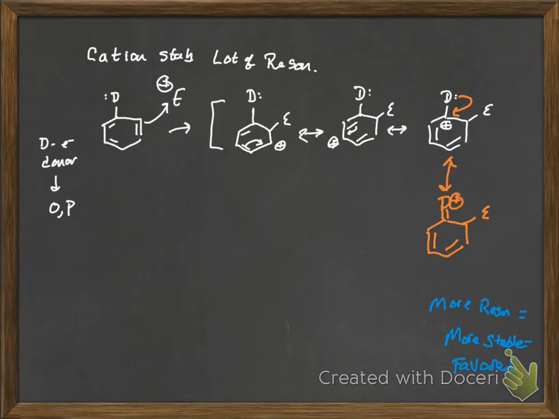Now, what I want you to do is the same analysis, but with our D group there. If the electrophilic attack occurs off of the meta carbon, so this is ortho, this one is meta, and then the third one I want you to do is the para attack.